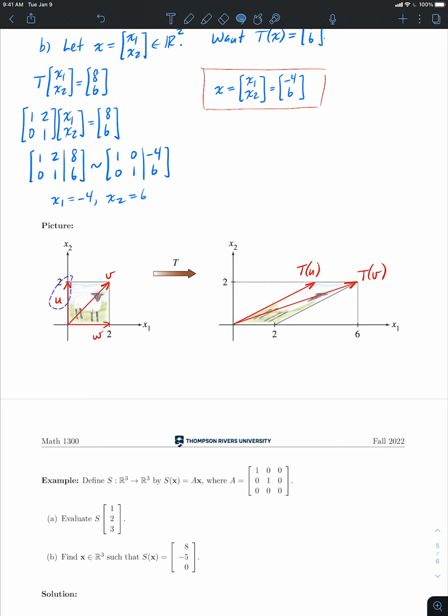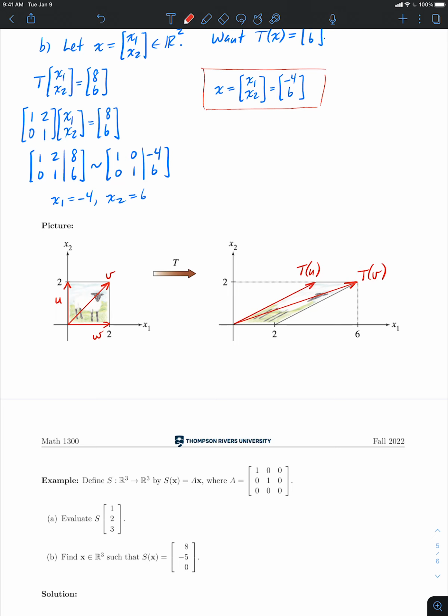But this one has an x1 coordinate of 0. It's right on the x2 axis. But if you look at the x2 coordinate of this vector, this would be around 4 here on the x2 axis. So this had an x2 coordinate going from 0 increased all the way to 4. And this one, I guess actually I lied. This one is tripled, so it's gone from 2 to 6. They both increased by 4.